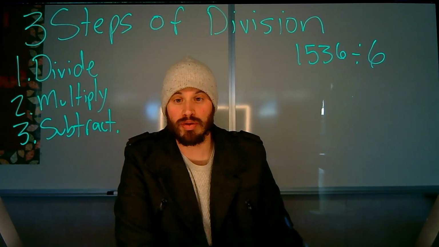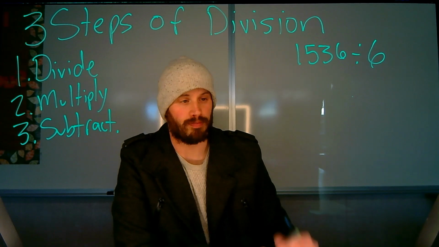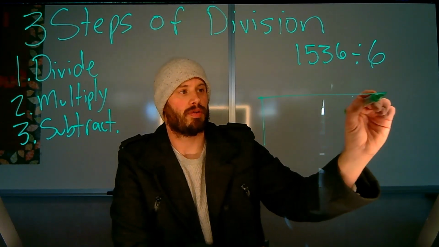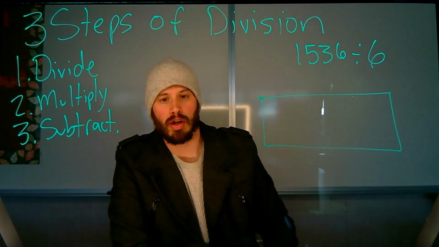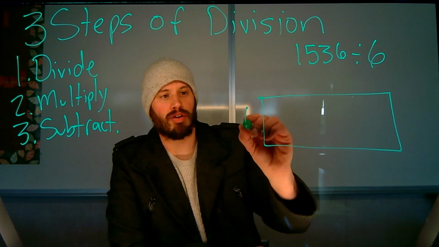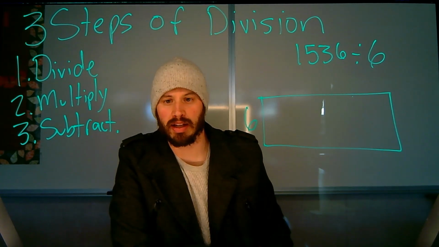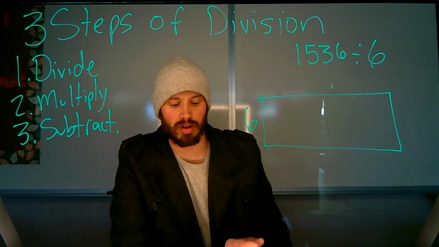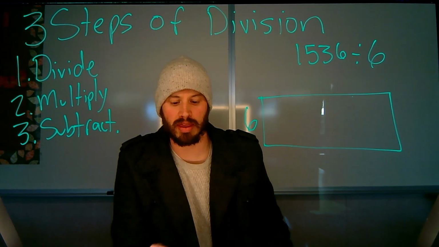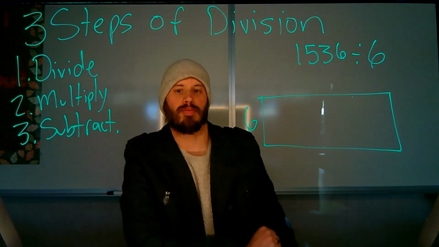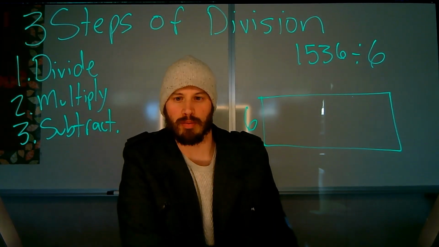So let's use an area model to help us divide this problem. So again, using an area model, my divisor is going to be the number on the side. Let's brighten up those numbers a bit.